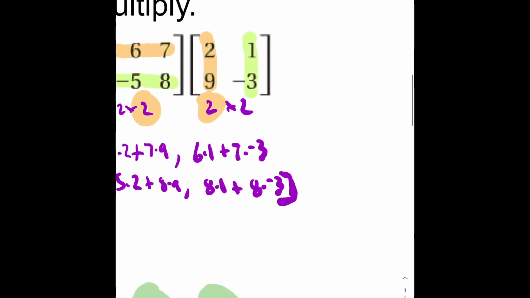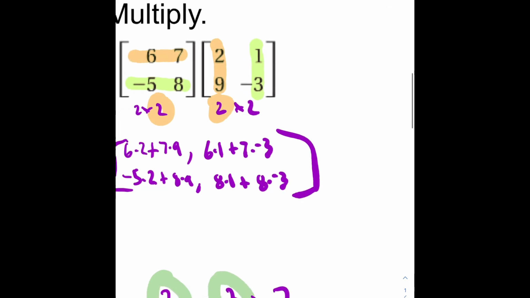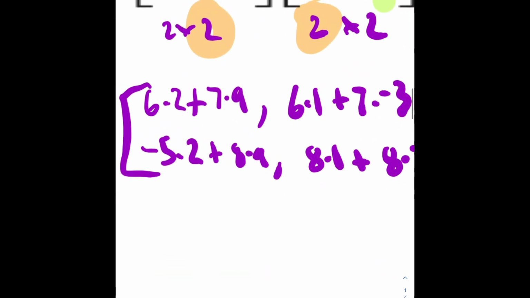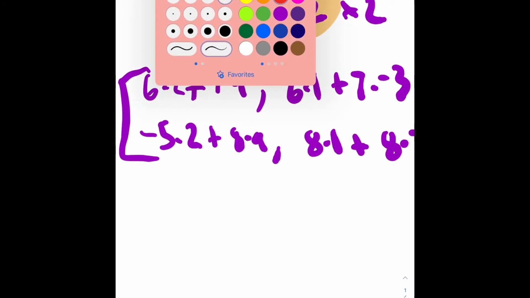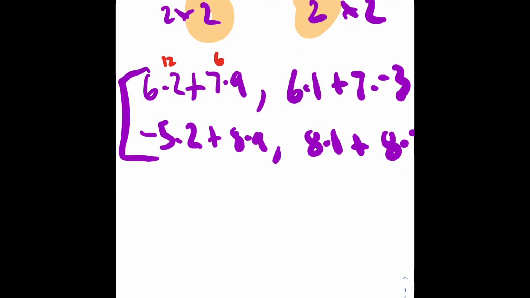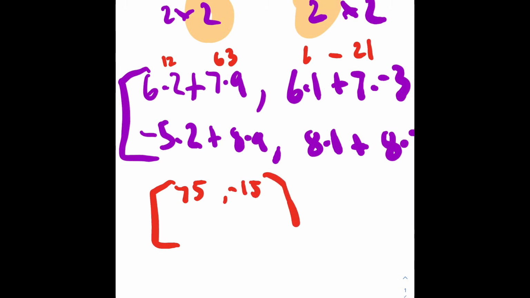Again, I have to make sure I get all the different categories, all the different ideas that are happening. So 6 times 2 is 12, and 7 times 9 is 63. So 12 plus 63 gives us 75. 6 minus 21 is going to give me -15.